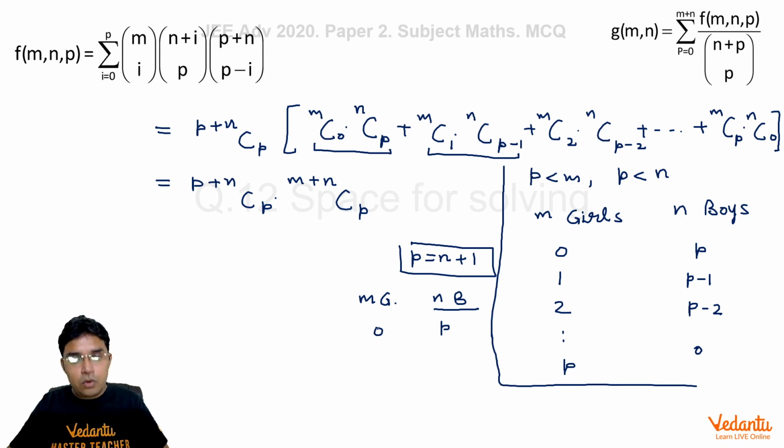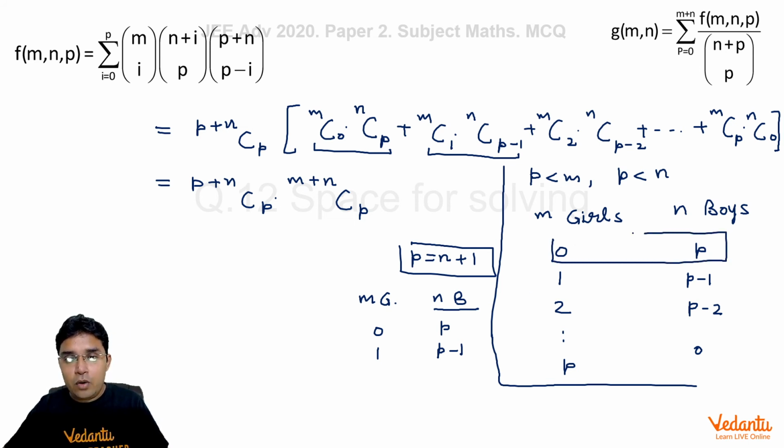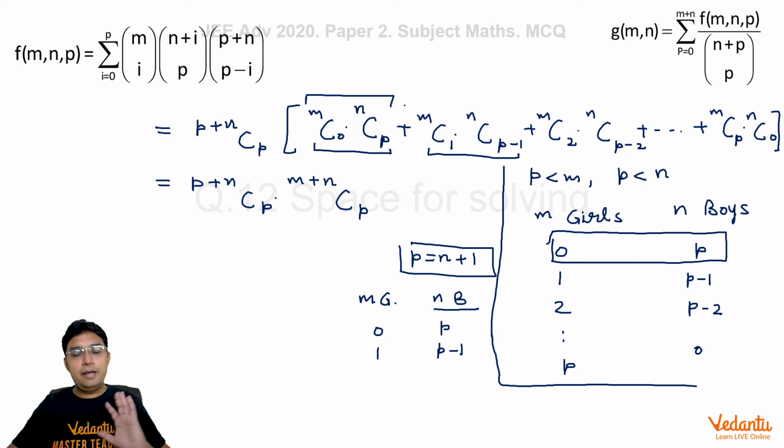So this is 0 girls, p boys is not possible. It will start from when you select 1 girl here and p minus 1, that is n boys from here. So this first case will not be possible here. In fact, if p is equal to n plus 1, this first term here will also become redundant.